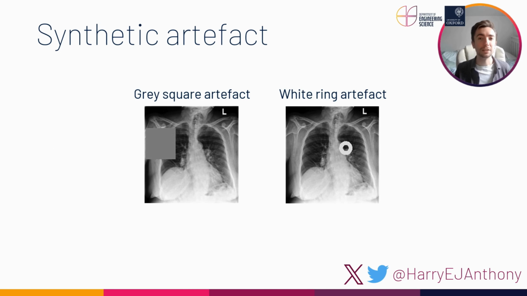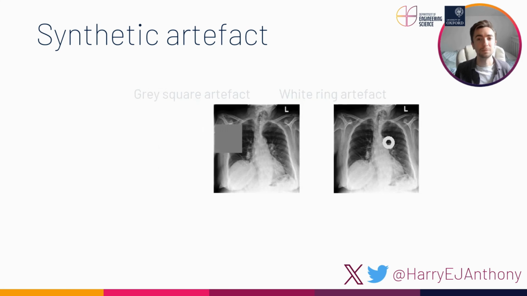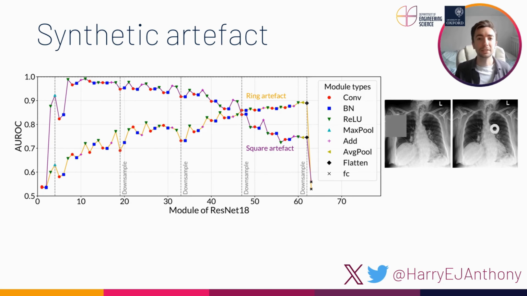So we then repeated our experiments, but this time using a white ring artifact. And here are the results. So the white ring artifact is shown in orange, and the square results are shown in purple. Here we see that the square is most detectable in the early layers of the network, whereas the ring is most detectable in the later layers of the network.